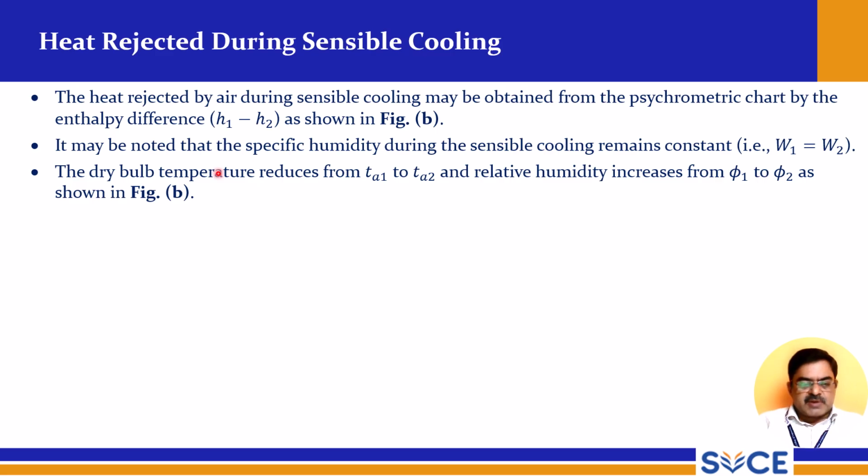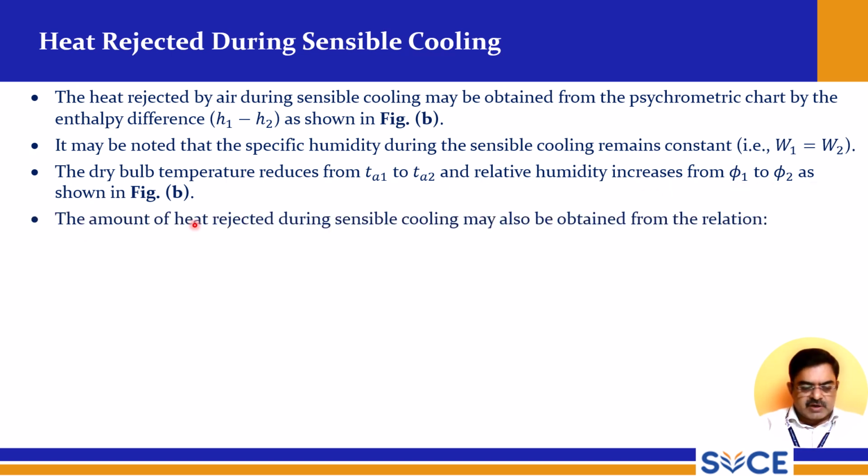The dry bulb temperature reduces from TA1 to TA2 and relative humidity increases from phi1 to phi2 as shown in the figure. So that is what we have seen in the earlier slide. The amount of heat rejected during sensible cooling may also be obtained from the relation. It is also a very similar equation.